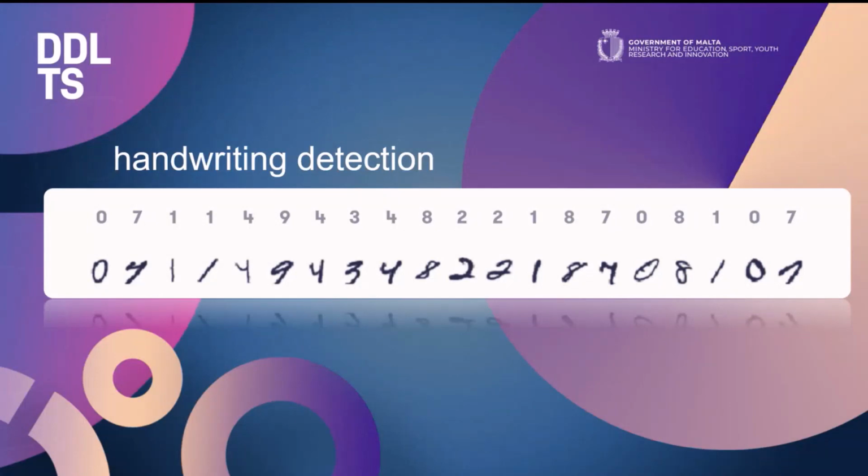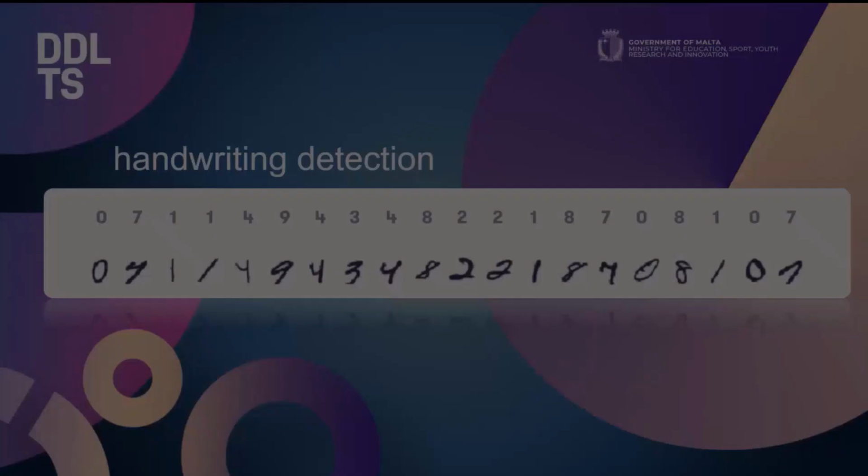For example, handwriting detection is a way that the AI can recognize our own handwriting, and this works because the AI is trained by basically being given a lot of examples of handwriting, and obviously the more handwriting that it sees, the more it will be able to recognize handwritten text.